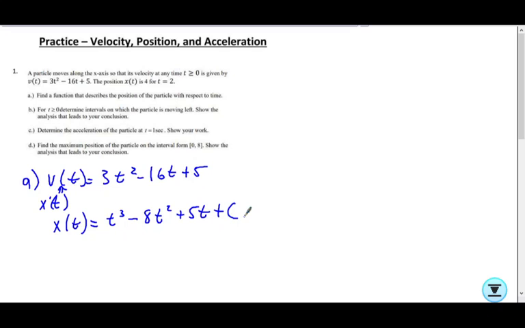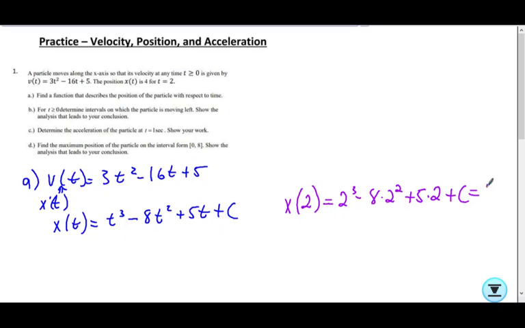Now, they told us that at time equals 2, so I'm going to plug in 2 for t, so we get 2 cubed minus 8 times 2 squared plus 5 times 2 plus c.